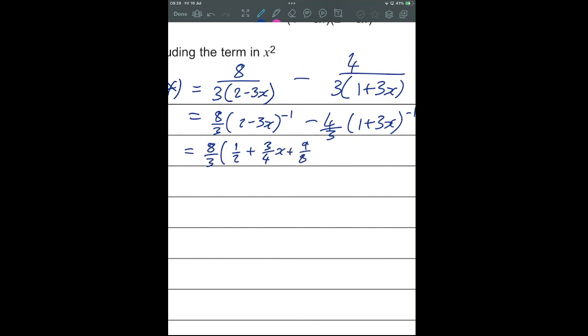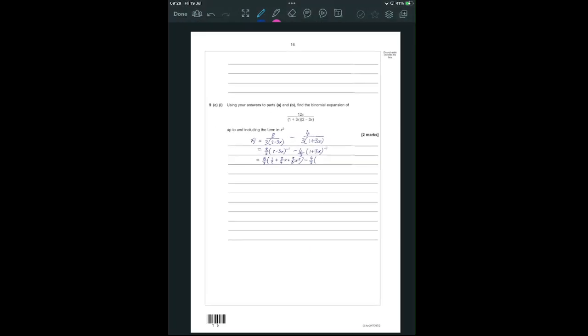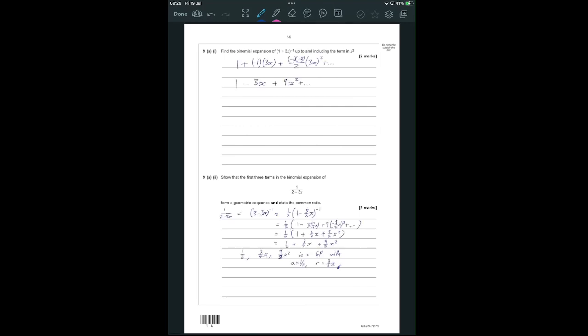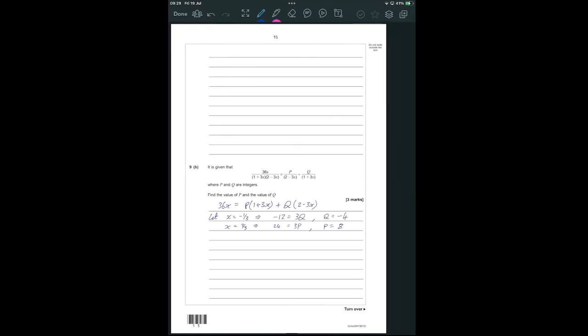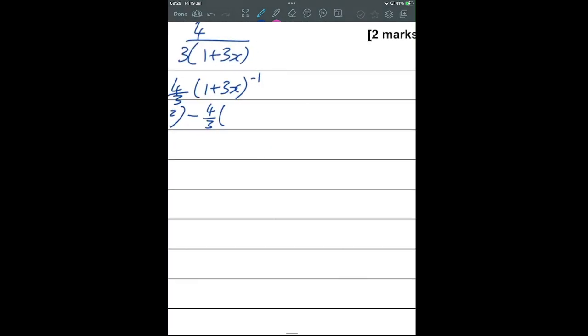And the other one was 1, minus 3x, plus 9x squared.